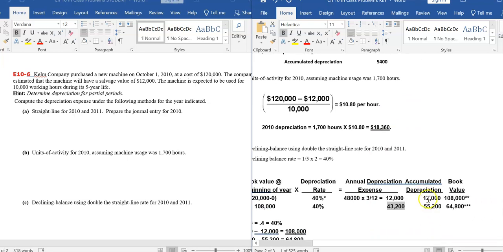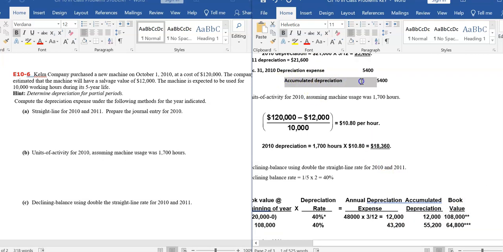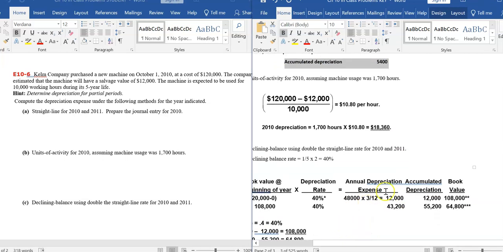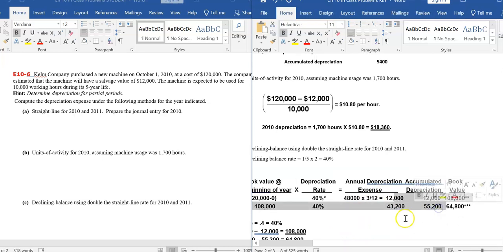What that would end up doing is bringing our accumulated depreciation from last year's ending balance of $12,000, and it would increase it $43,200 for the amount of depreciation we recorded at the end of 2011, bringing our accumulated depreciation up to $55,200.